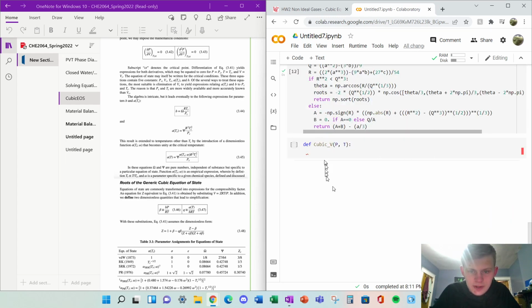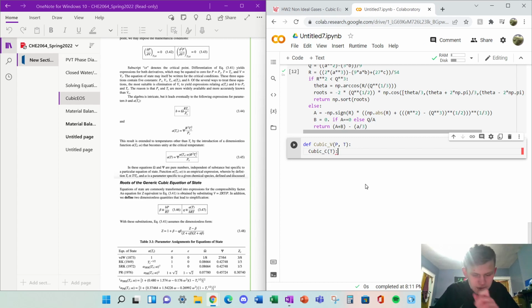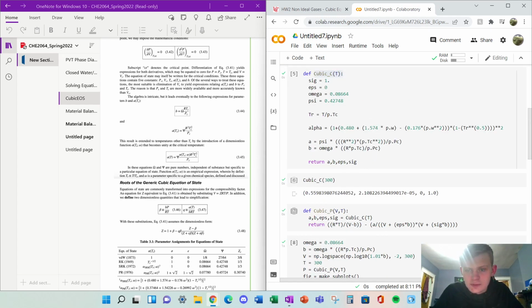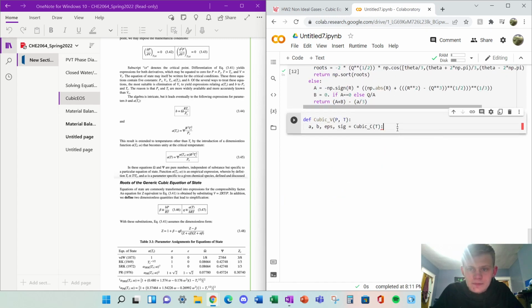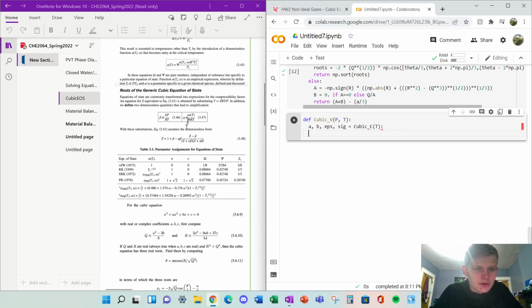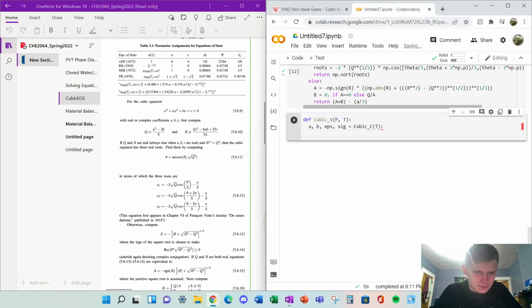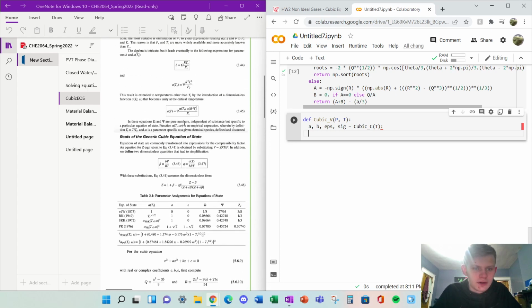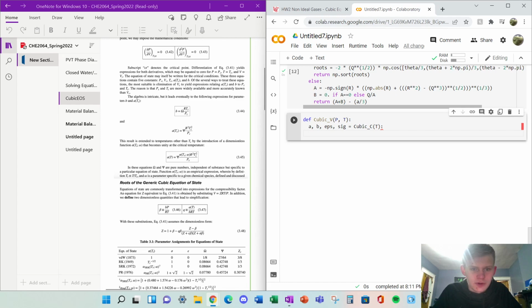So we're going to come back down here, copy and paste that, and set our values that we want, a, comma, b, comma, epsilon, and sigma, equal to our cubic function that we have up above. Just to make sure everything's in order. Okay, a, b, epsilon, sigma. And then we can recreate our beta parameter and our Q parameter that we found when we first derived our cubic equation for our equation of state.